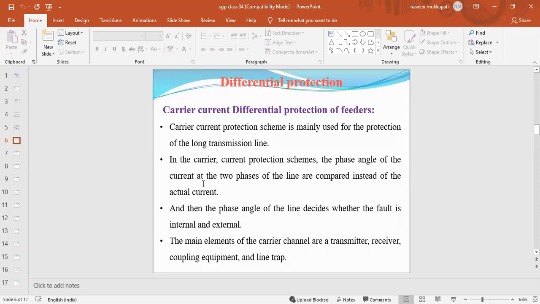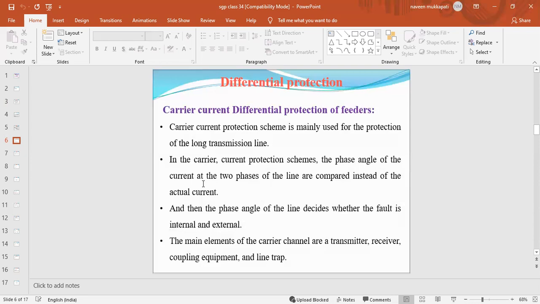The phase angle comparison decides whether the fault is internal or external. Therefore, by using these phase angles, the scheme decides whether a fault is internal or external.